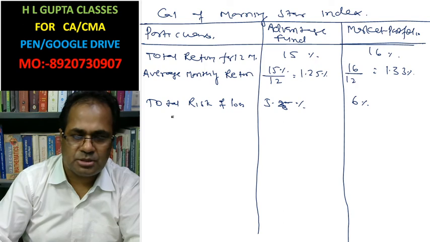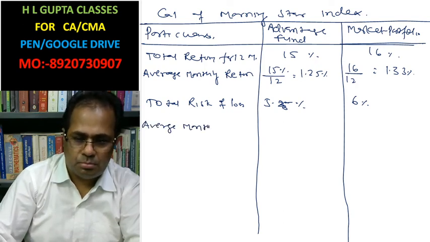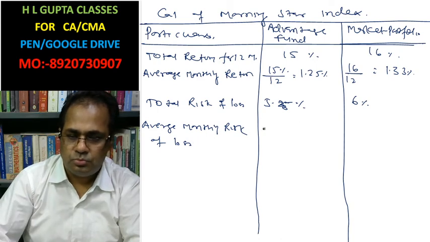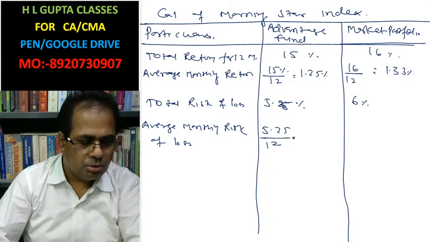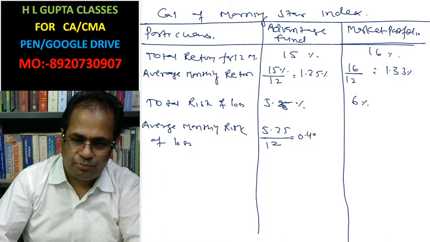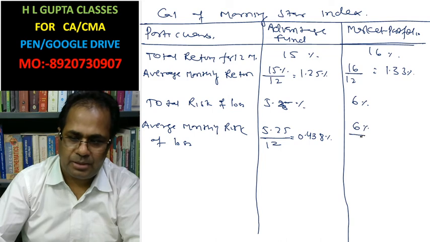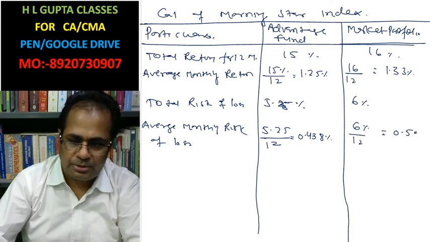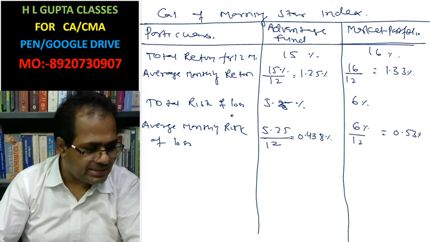Average monthly risk of loss: 5.25 divided by 12, that is 0.438%. This is 6% divided by 12, 0.50%. Okay, average monthly.